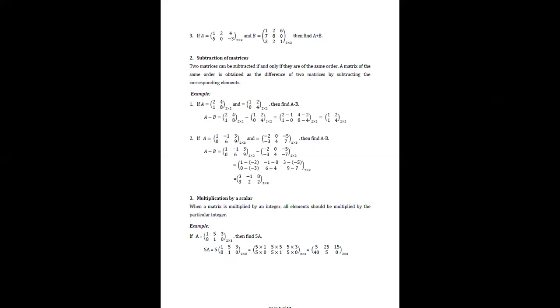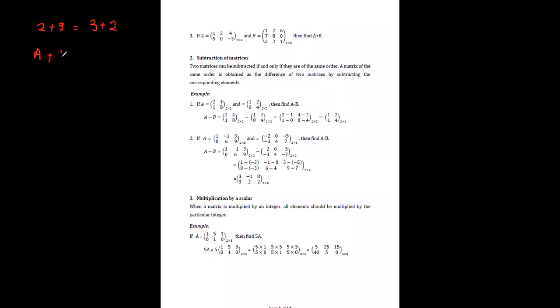And if I quickly go to the previous one, here we can see that in algebra we know that 2 plus 3 is equal to 3 plus 2. Therefore, this rule is valid for matrices as well.